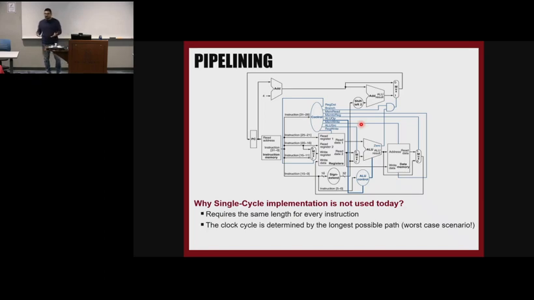That's extra overhead. Since beforehand you don't know what kind of instruction you want to execute, the design should support the worst case scenario, in terms of delay and latency.